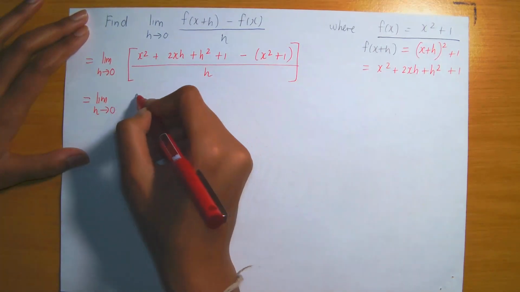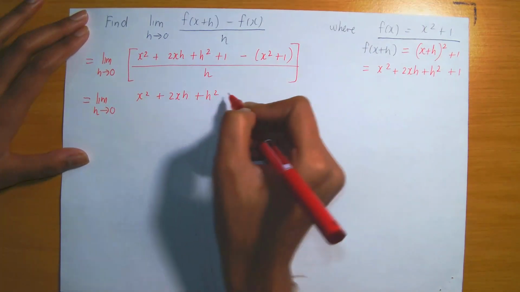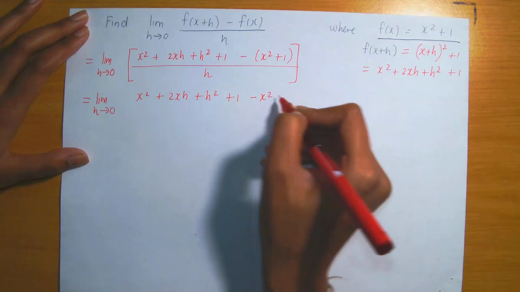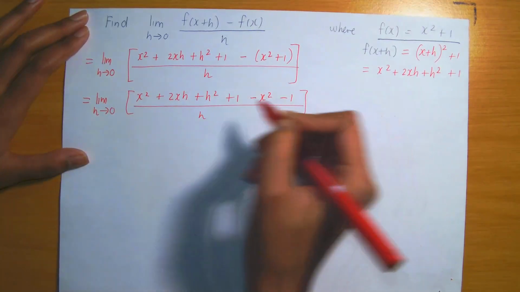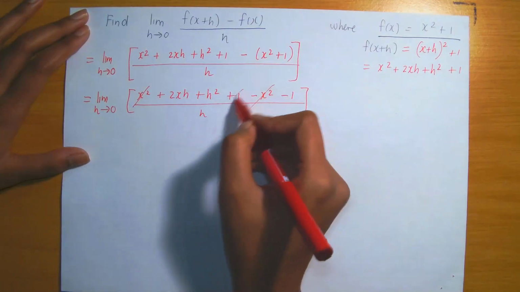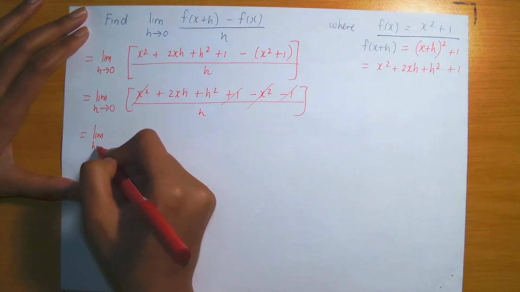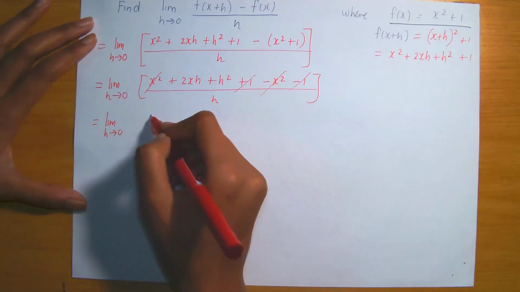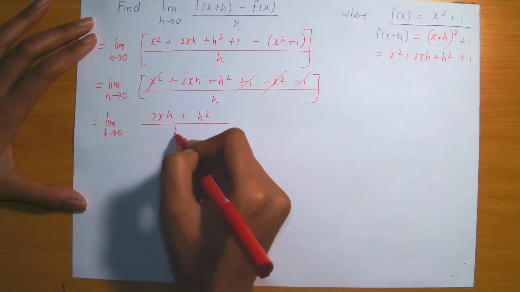So if I simplify, I've got x squared plus 2 times xh plus h squared plus 1 minus x squared minus 1, divided by h. Now observe that we have terms cancel off, so x squared minus x squared, positive 1 minus 1. So I'm now left with the limit as h approaches 0 of 2xh plus h squared, divided by h.